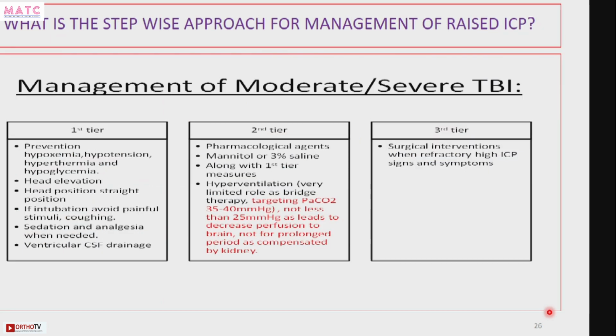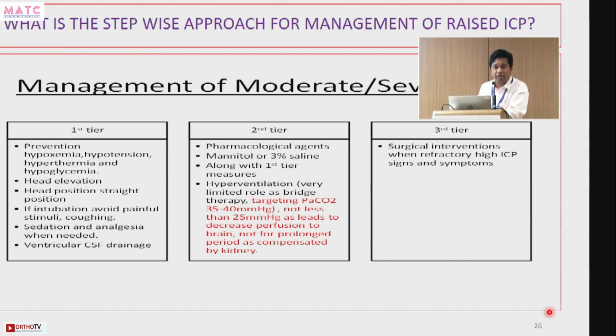Now, if you have a patient who has moderate to severe traumatic brain injury, the goal of the treatment is to prevent secondary brain injury. What secondary brain injury can occur? As I have mentioned, we have to prevent hypoxia, hypotension, hypoglycemia.